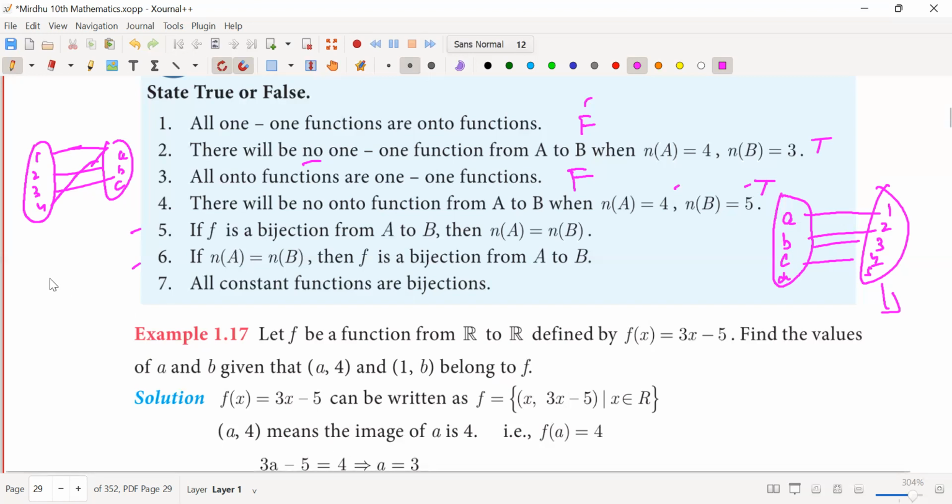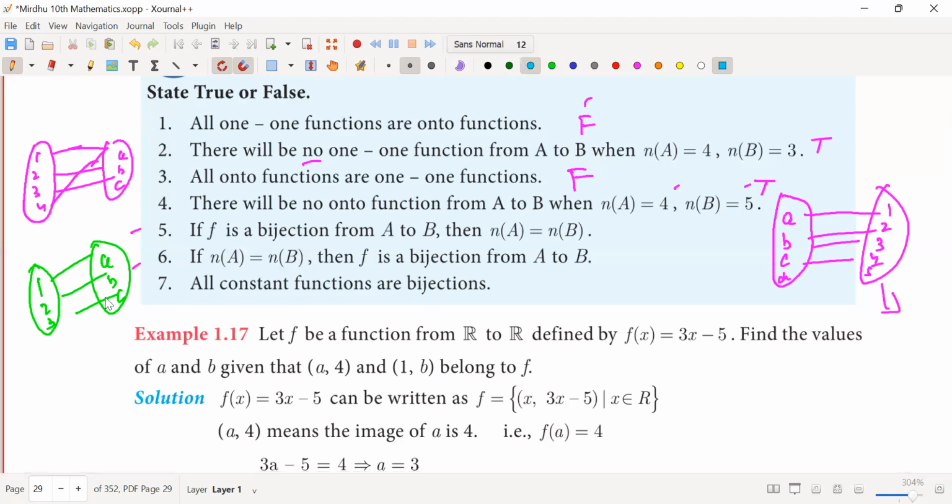So I can give you an example like this. 1, 2, 3 and A, B, C. What you perceived is 1 to A, 2 to B, and 3 to C, 1 to 1. What I perceive is 1 to B, 2 to B, and 3 to B. This is also possible, isn't it?